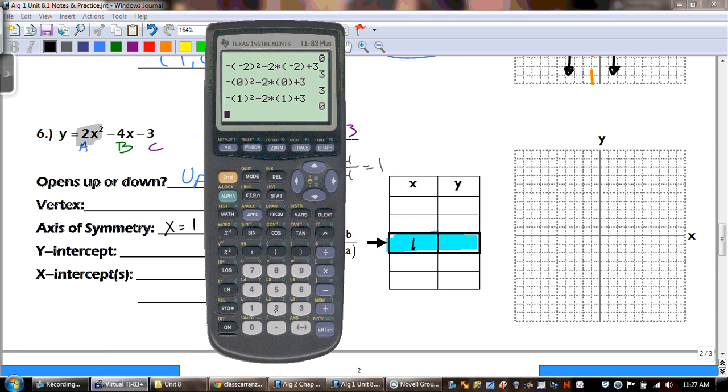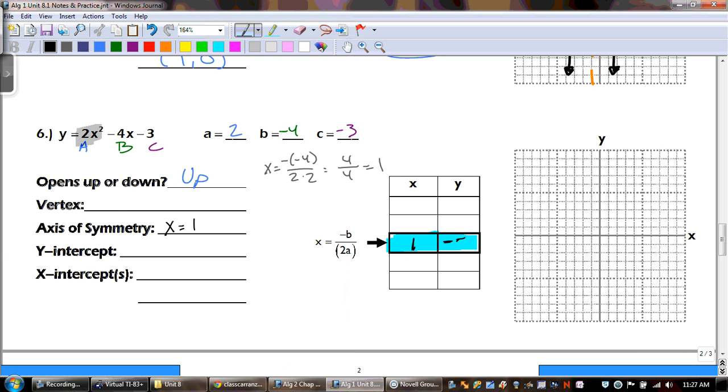So I'm going to use the formula, our new formula, 2 times 1 squared minus 4 times 1 minus 3. And we get -5. So our vertex is 1, -5.